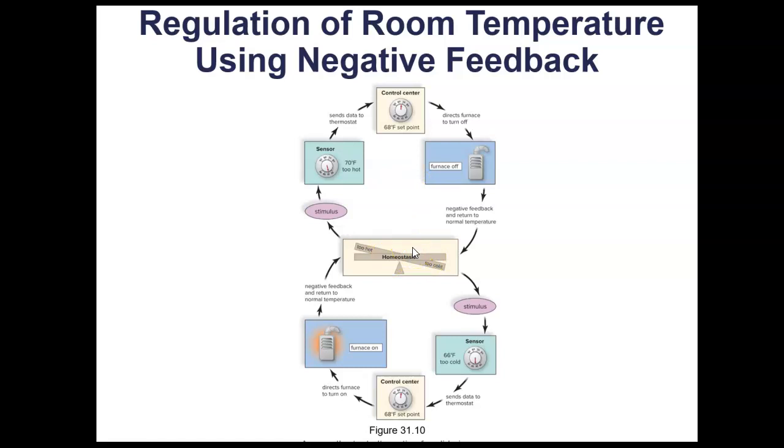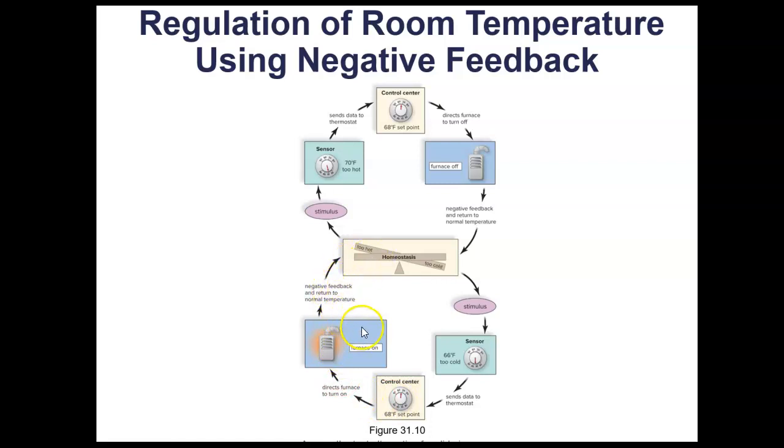Okay? Then let's say that the home is getting too cold. Our set point is 68, but our thermometer that's connected to our thermostat, which is our sensor, is detecting that it's dropped to 66 degrees, which is too cold. That data is sent to the thermostat, which is the control center, and the thermostat directs the furnace to come back on, and it's going to cause the temperature to rise.